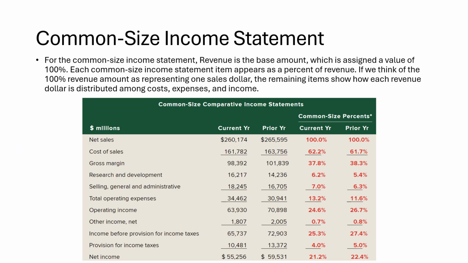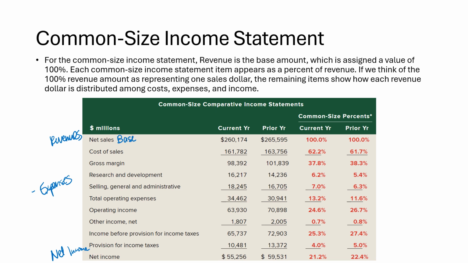This gives you an idea of a common size income statement. Remember, income statement is revenues essentially minus expenses equals net income. So with the income statement, you use revenues as the base.